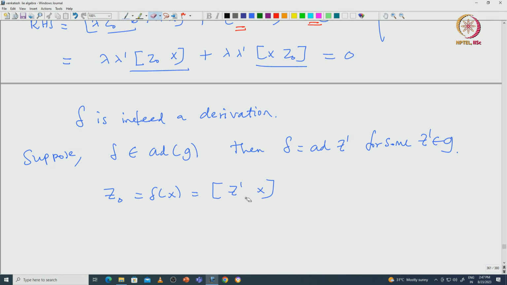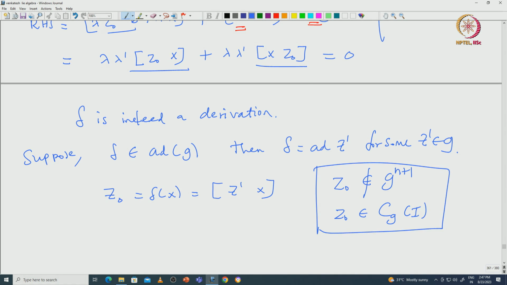Okay. So, now what do we know about this z naught? So, this z naught is not coming from g n plus 1, and this z naught is actually coming from the centralizer of I. So, these are the two data that define z naught.